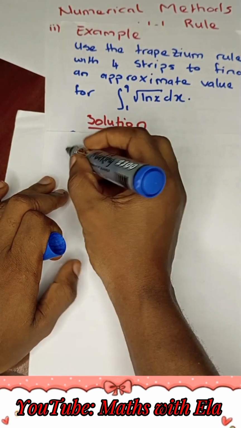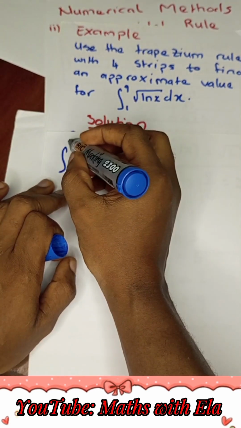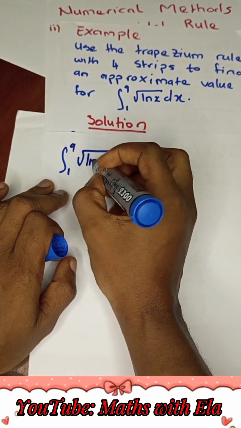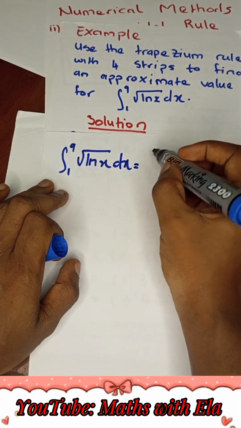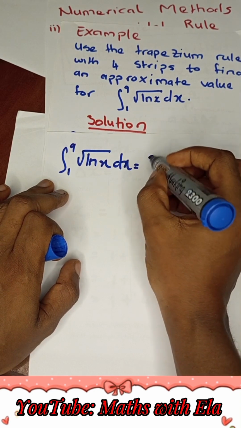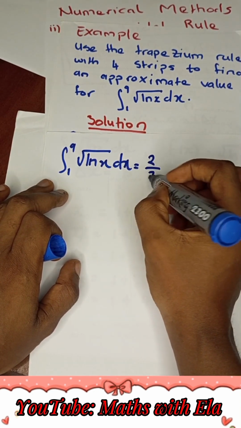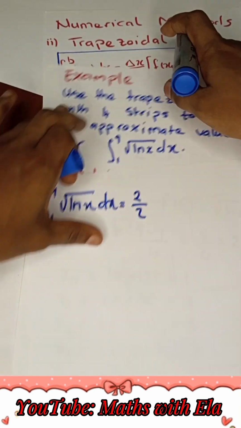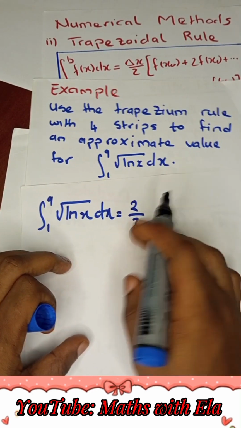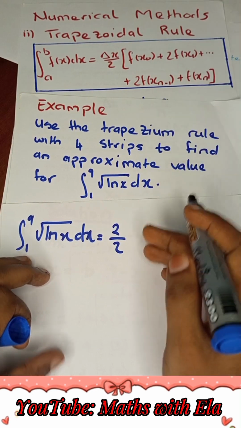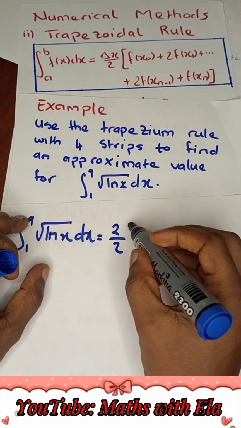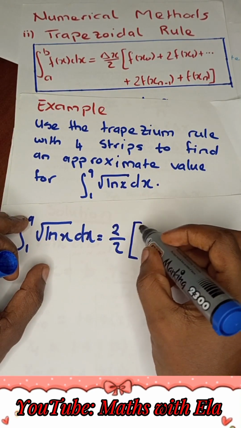So we have the integral from 1 to 9 of the square root of ln x dx being equal to delta x, which we got as 2, over 2, going by the formula, delta x over 2, open a square bracket, f of x naught.